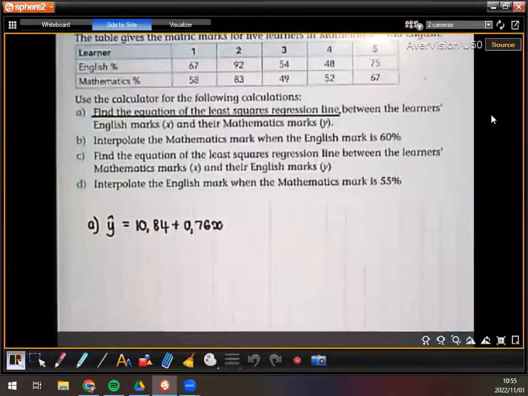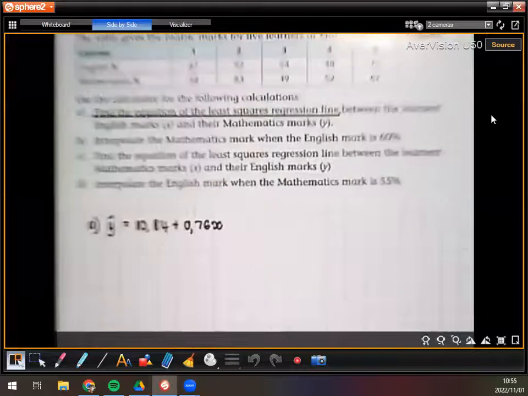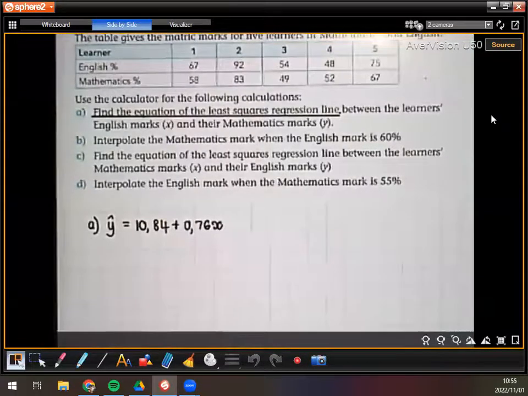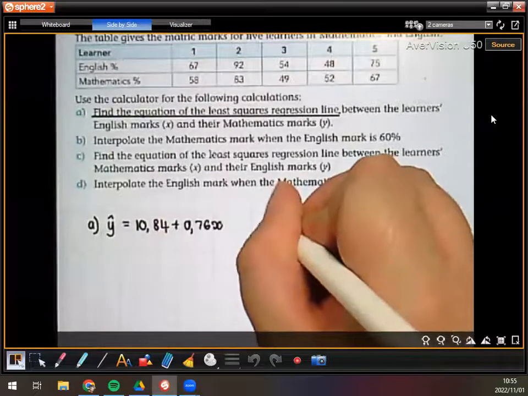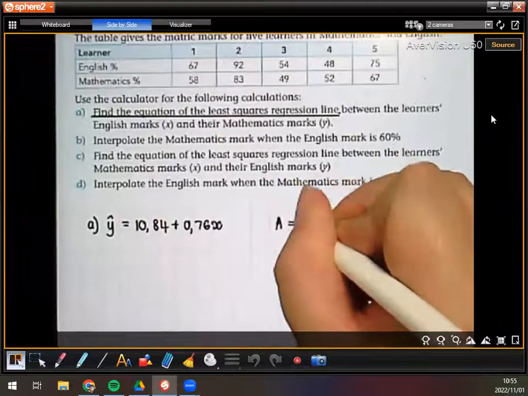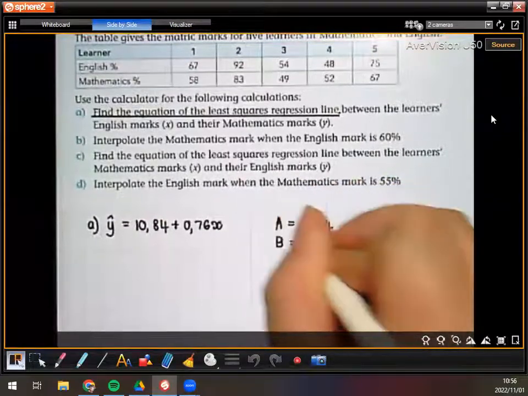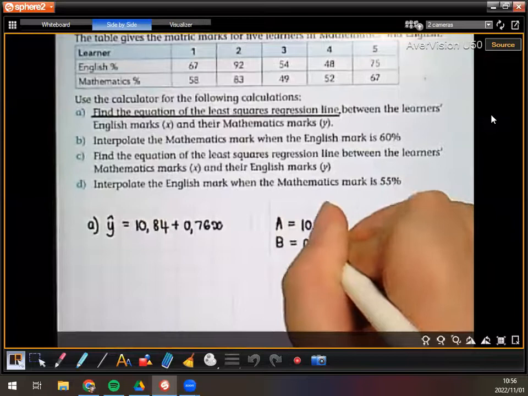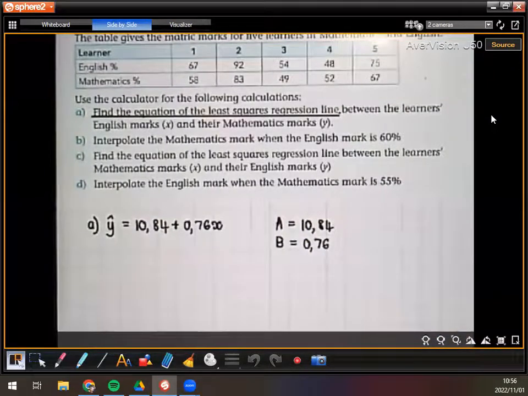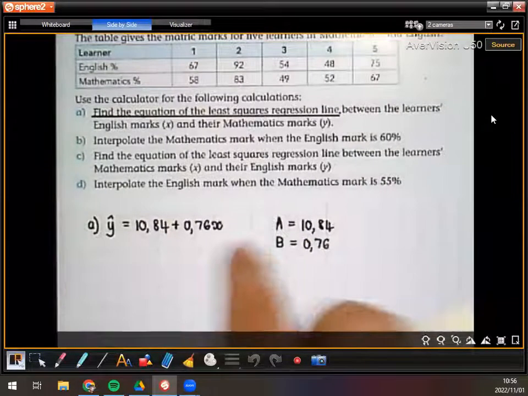Now, guys, if in a paper exam you forget where A must go and where B must go, you can also write it out. So you can say A is equal to 10,84 and B is equal to 0.76. That you get 2 marks for, right? The third mark is for your equation.